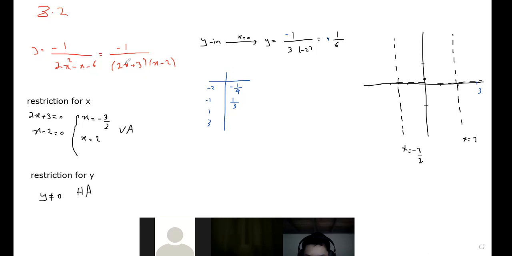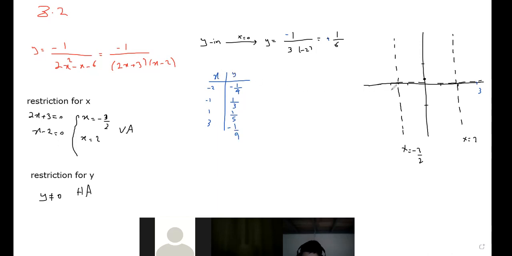If you put 1 here, you get 5. 5 negative, you get +1/5. You put 3 here, 9, -1/9. So these are my x, y. Some points help you to graph.